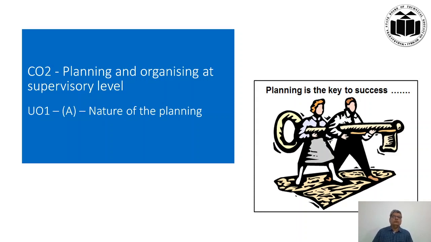What is CO2? That is course outcome 2. It is planning and organizing at supervisory level. Means a supervisor who is working on a shop floor, what he requires to plan and how he has to organize his department for manpower as well as materials and so on.